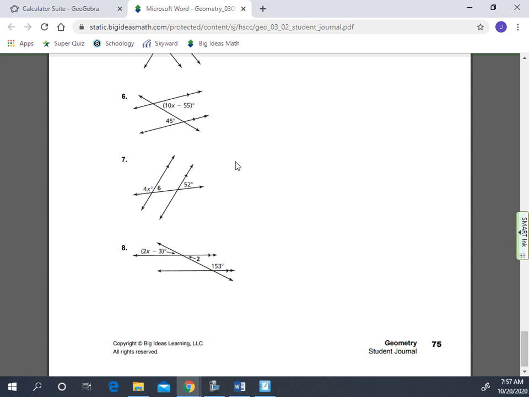Okay, number 7. Number 7 is kind of odd. I don't understand what that 6 is doing there. That shouldn't be 6.